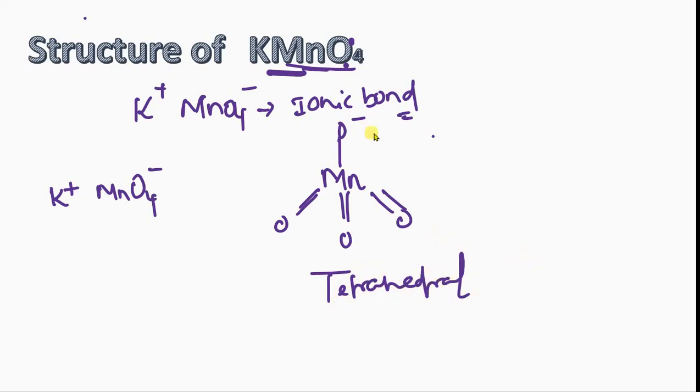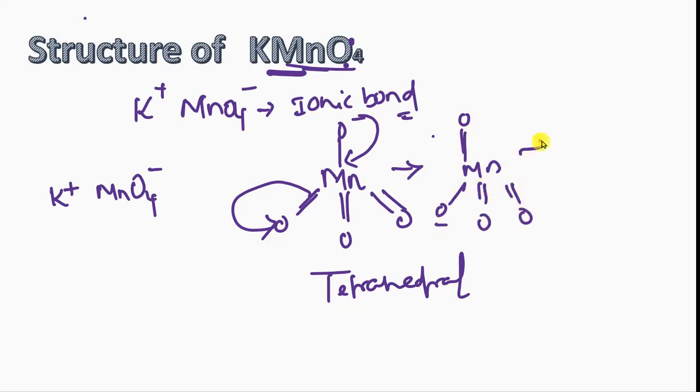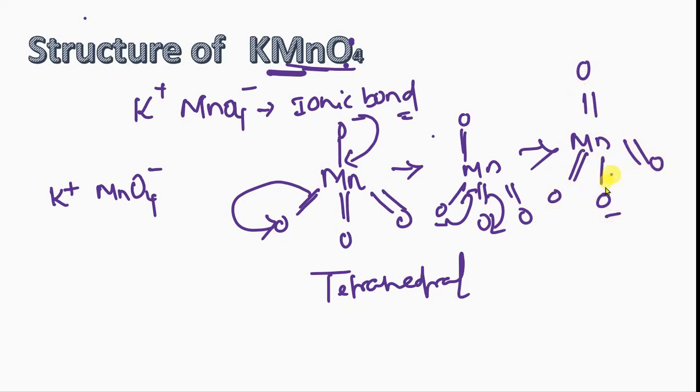What happens here? The negative charge is on one oxygen. This negative charge comes down so that the bond shifts up to this oxygen. This gives rise to a structure: Mn with a double bond to O, a single bond to O minus, and double bonds to the other two O. Then the electron comes here and this bond shifts over here, giving another structure.